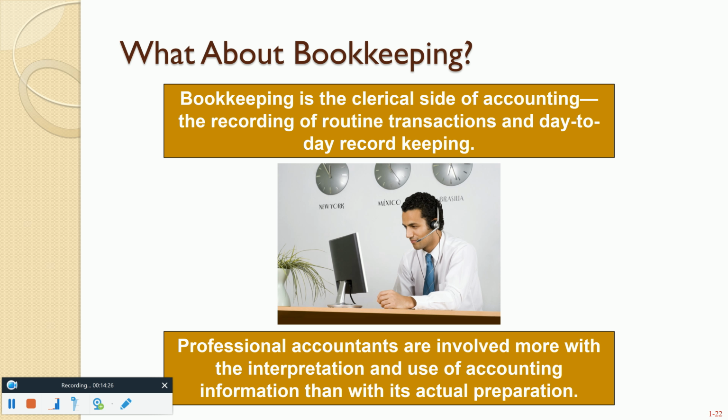After that, the financial statements are prepared, then we analyze those financial statements to make decisions. That's where the CPAs come in. So bookkeeping is more of the general routine preparation, but the accountants using that information to make decisions, that is higher level.